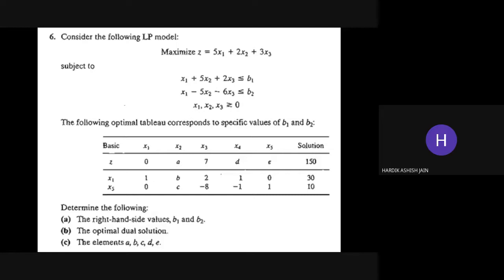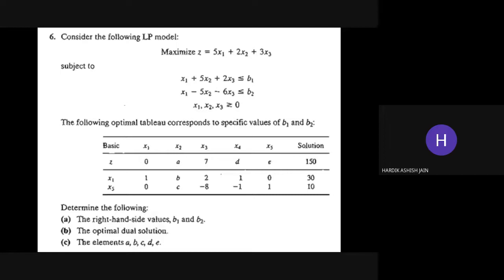Now consider the following LP model. Maximize z equal to 5x1 plus 2x2 plus 3x3 subject to these constraints. The following optimal table corresponds to specific values of b1, b2. b1, b2 are unknown.